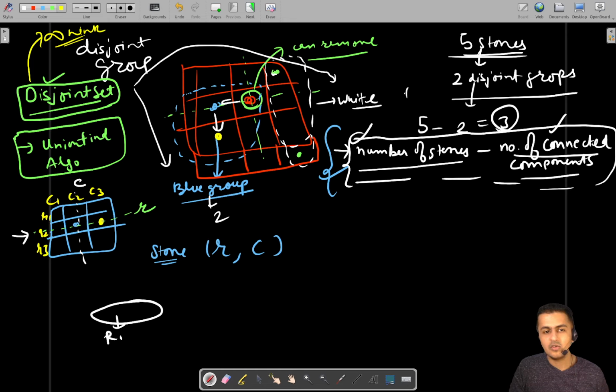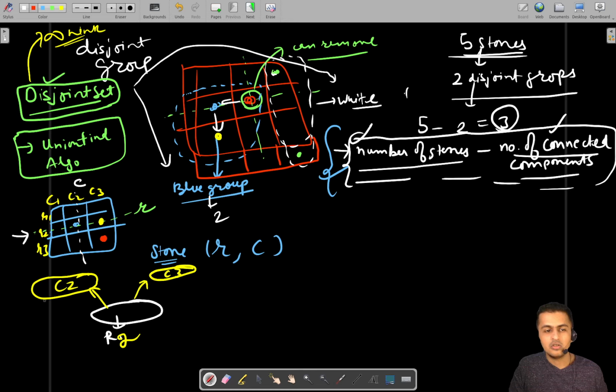Now if we consider a column, this column can also have stones at different rows. Let's say C3 has a stone at R3 also.